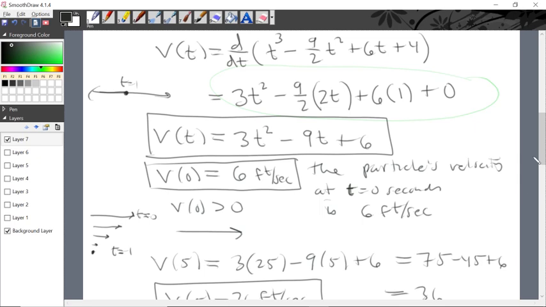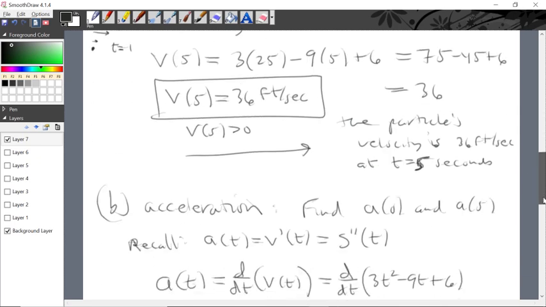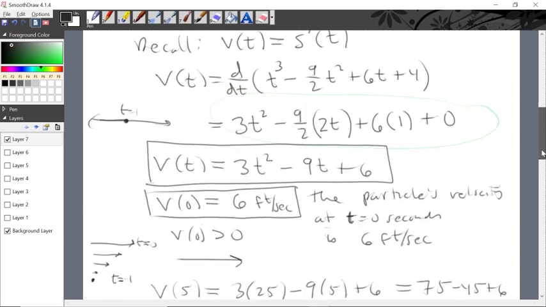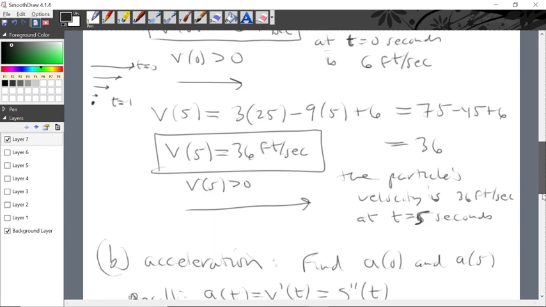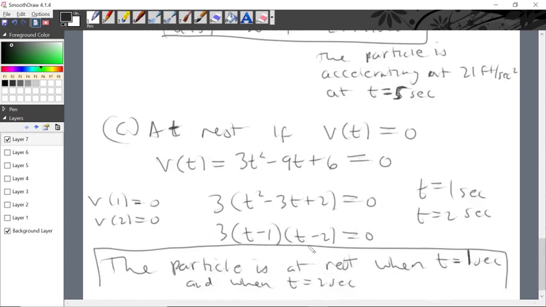And then what happens? We can look a little further into the velocity function. If we graph this velocity function, we see a quadratic. This is an upward facing parabola. It crosses at t equals 1 and t equals 2.